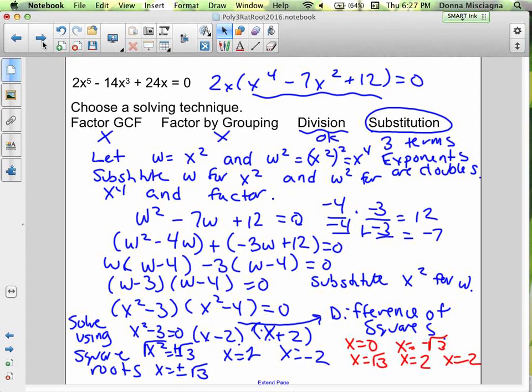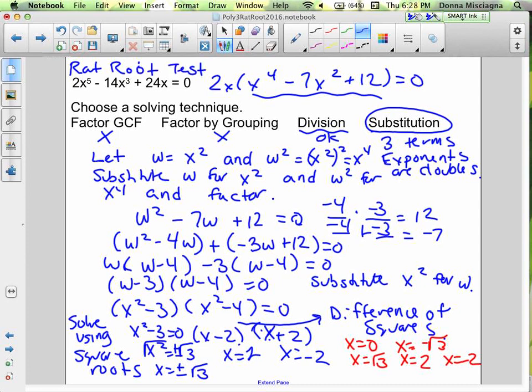It wouldn't have been as bad, but you only have 2 possible choices if you're using the rational root test. Once you were down to the x to the 4th minus 7x squared plus 12, you would have all the factors of 12 as possibles.